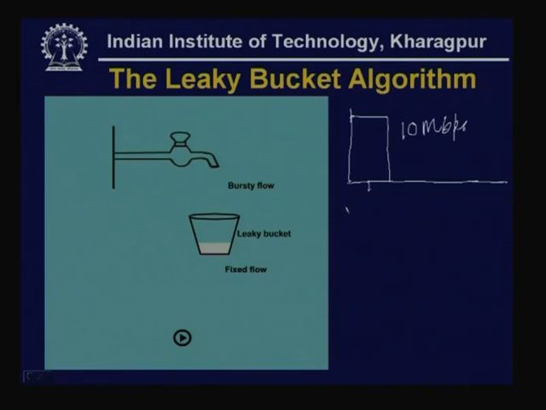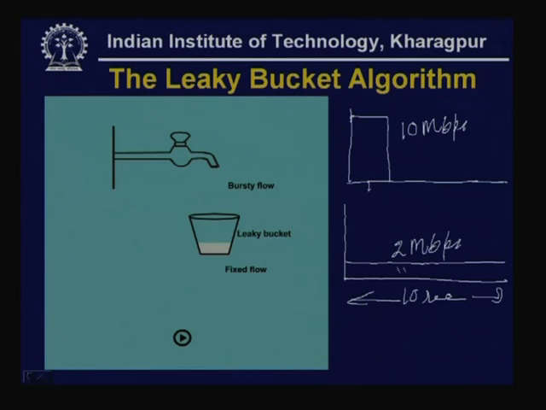What the leaky bucket will do, it will smooth this out and send it at the rate of 2 megabits per second for 10 seconds. So for 10 seconds it is sent at this uniform rate. As a result, as you can see, the traffic is at a fixed rate throughout the 10 second period, and that is what is being done by this approach.